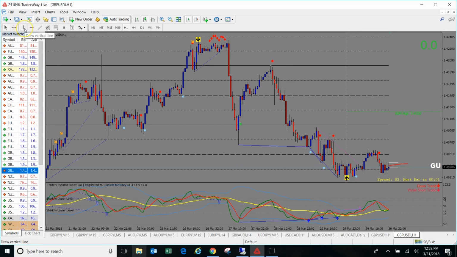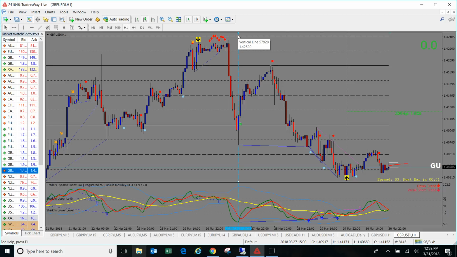So if you drew the vertical line right there, you can see the green line crossing over the red and the volatility band. So you can enter that for a nice buy. And I know everybody says trade the trend. You should, but it doesn't mean you can't do a counter trend trade.